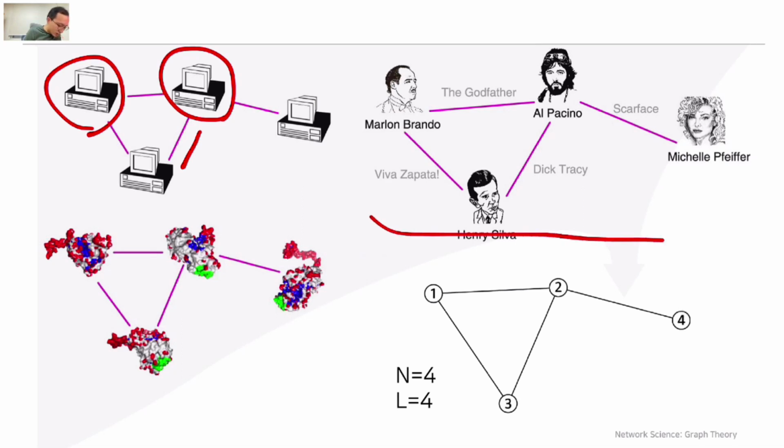And this is the actor network. I'm not sure how many of you watched the Godfather movie. We have several actors, Al Pacino and Marlon Brando and Henry Olva. I'm not familiar with that as well. So they have a relationship like a Godfather between Marlon and Al Pacino, right?